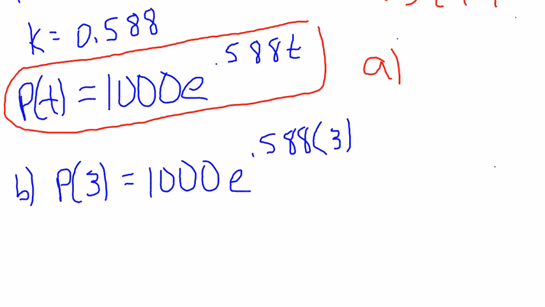My suggestion is that you have that 0.588 stored in your calculator, and you type it in to your calculator using that stored variable. If you do it that way, you get 5,832. Boom. That is the answer to B.